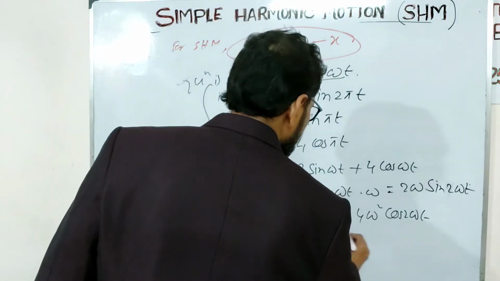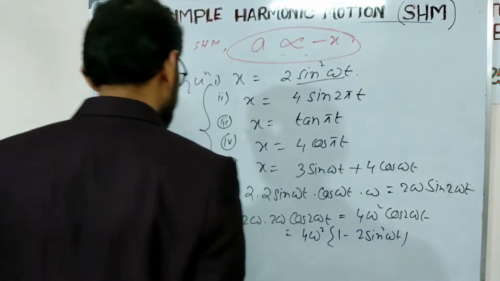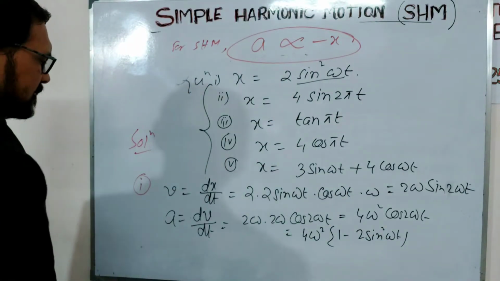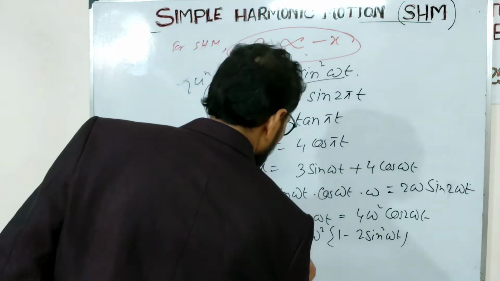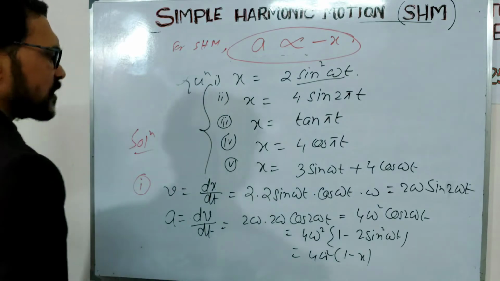Cos 2 omega t means 1 minus 2 sin square omega t. So 4 omega square into 1 minus 2 sin square omega t, where sin square omega t equals x.